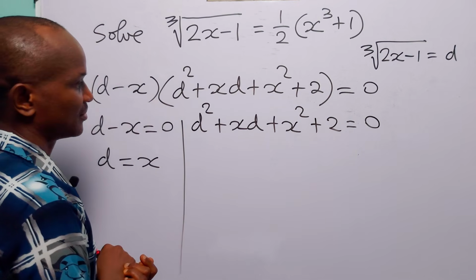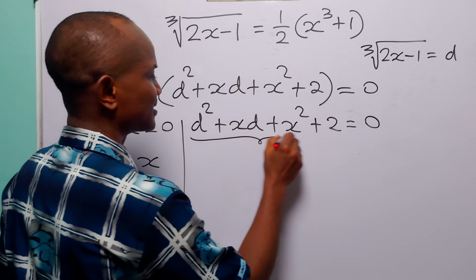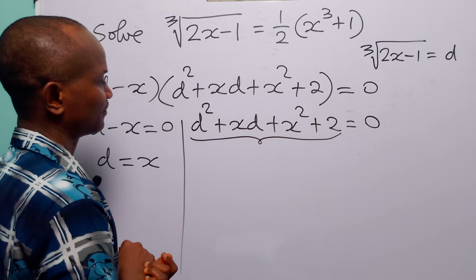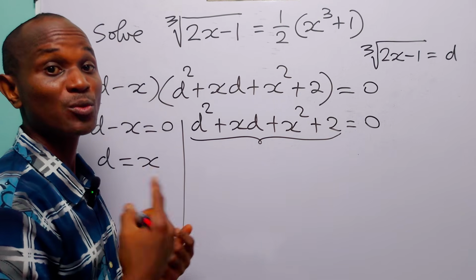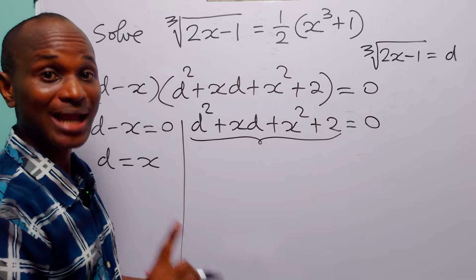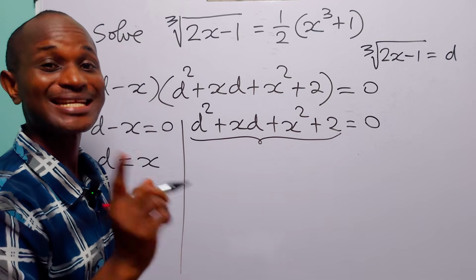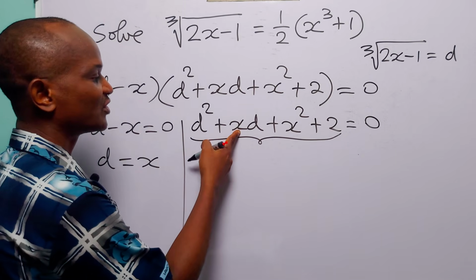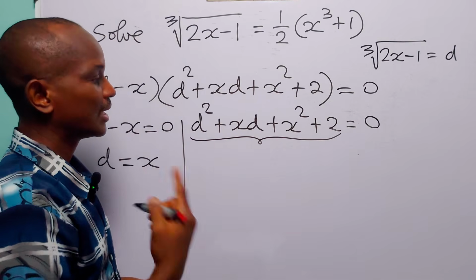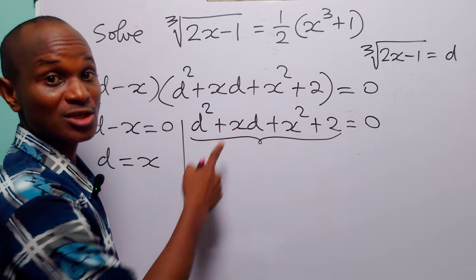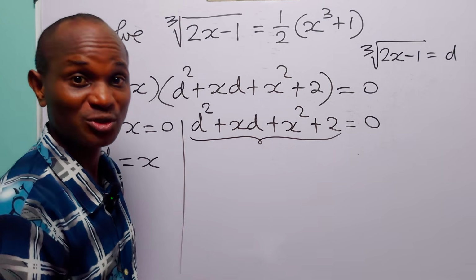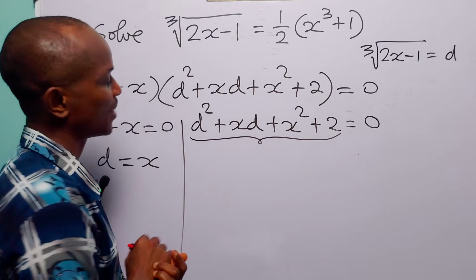Now, we can rewrite the left-hand side of this equation. What we are going to do is that we will complete the squares. We will add and also subtract the square of half the coefficient of d. Now, the coefficient of d is x. So we are going to add and subtract x over 2 squared.